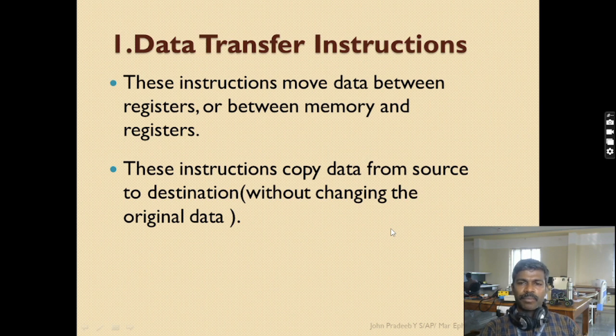What happens is that if data is copied from the source, it replaces the destination, but there is no change in the original data of the source. So the data is copied from the source and modifies the destination data.